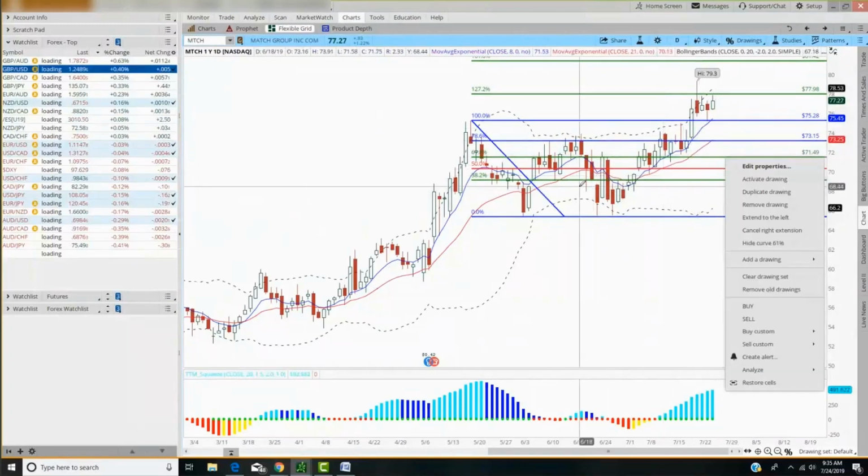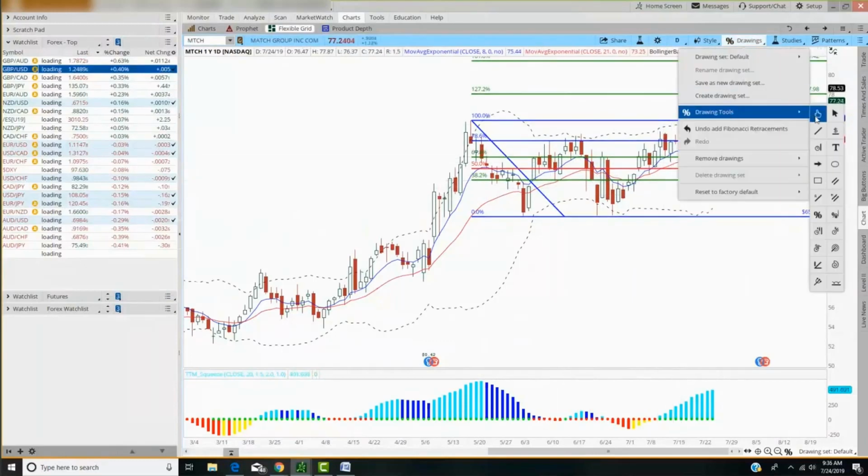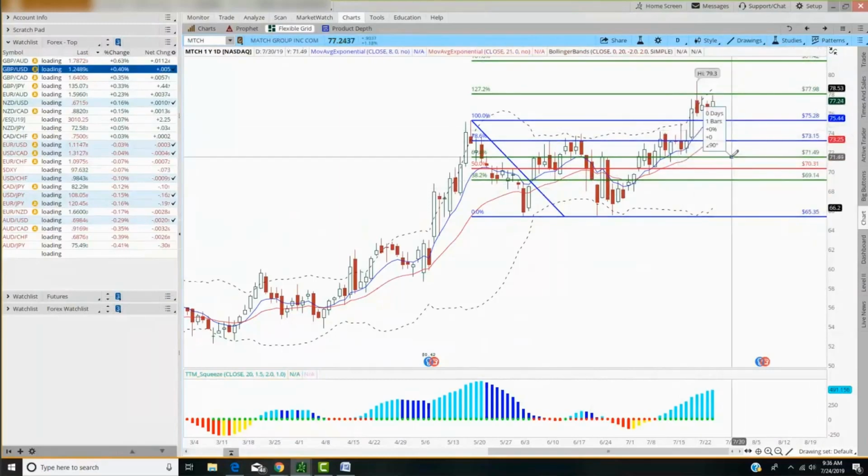I know I did it in another video. They're constantly changing it, but I thought it was the control bar, left click. Hang on, let me go to drawing tools and let's go to trend line. Nah, that's not it.